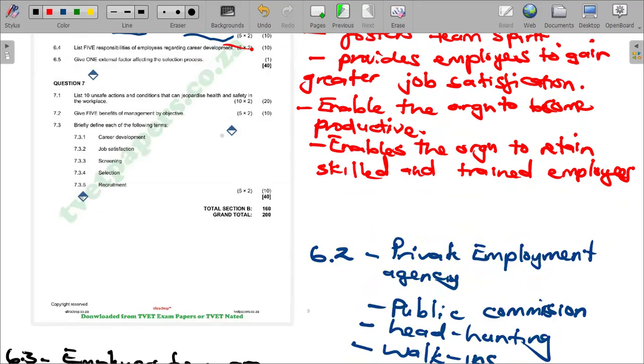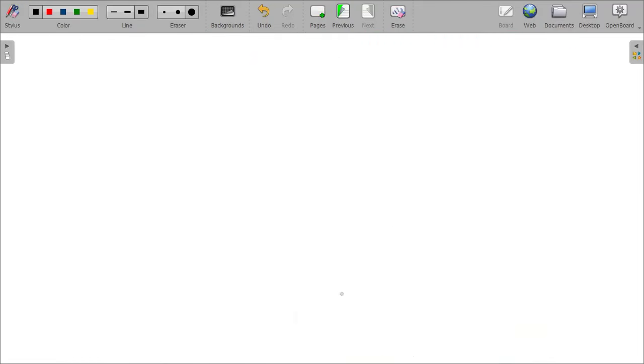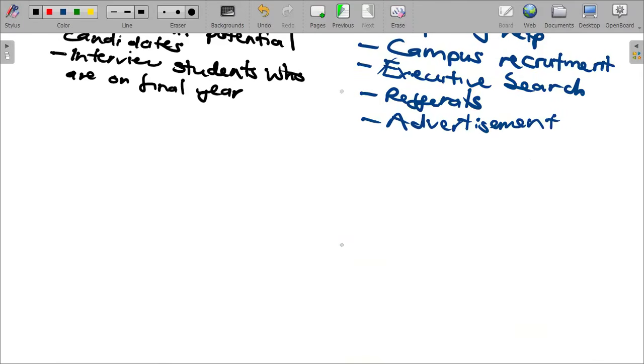Basically, this is the information. Give one external factor affecting the selection process. Factors affecting recruitment processes.